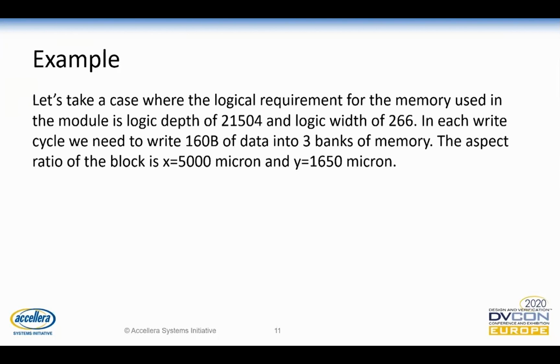Now, in each write cycle, we need to write 160 bytes of data into 3 banks of memory. That's our requirement. And the aspect ratio of the block, say, is 5,000 micron into 1650 micron, where X is 5,000 and Y is 1650 micron. A very standard block size that we get in SOC or in, say, different network chips that we design.